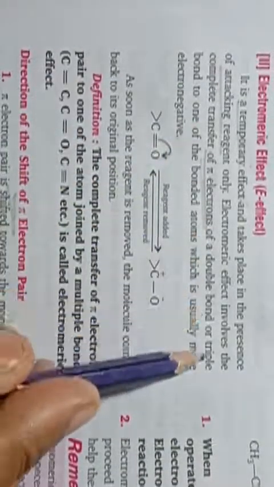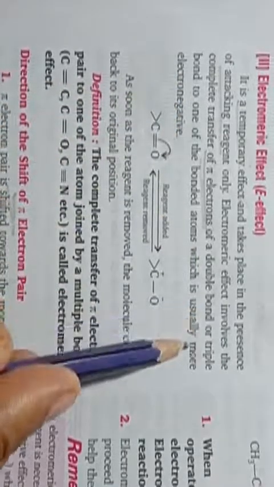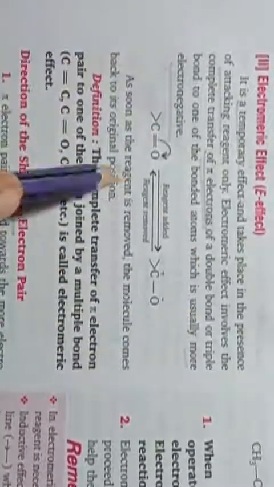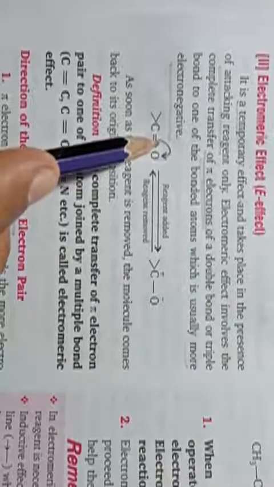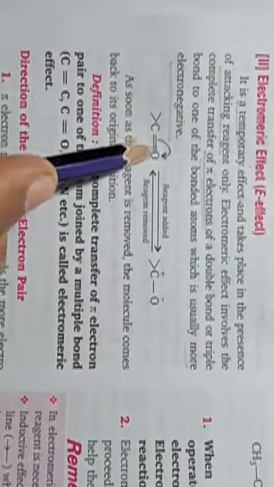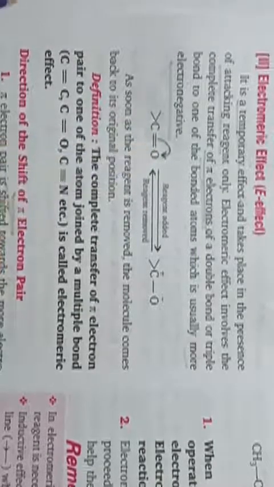It is the transfer of pi electrons of a double bond or a triple bond to one of the bonded atoms, which is usually more electronegative. So the pi electrons are transferred from the doubly bonded or triply bonded relation to the comparatively more electronegative atom.